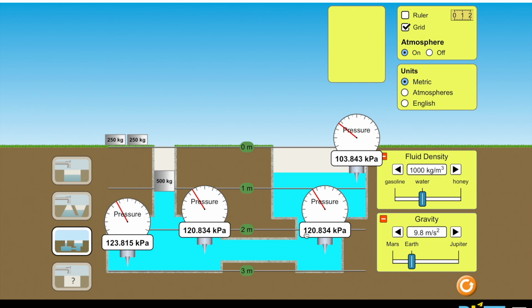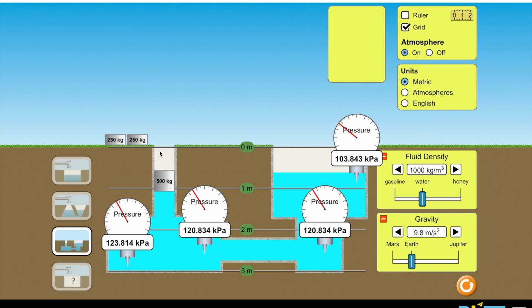Pascal's principle states that a pressure change at any point in a confined, incompressible fluid, so water is incompressible, air is not, but water is in this case, that change is transmitted throughout the fluid such that the same change in pressure occurs everywhere. And we saw that. We take this out, the pressure goes down, we add this, and the pressure goes up the same at each location, and it increases by about 0.8 kilopascals.